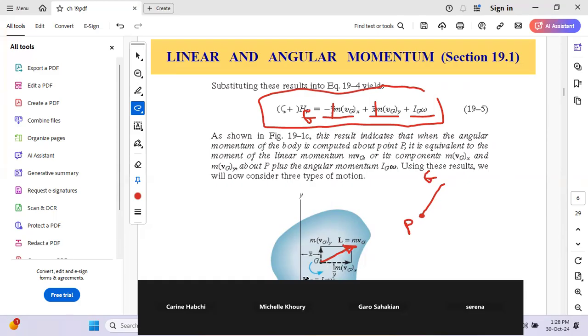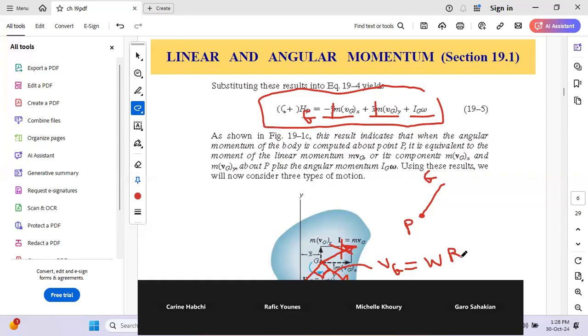If you want to consider that P is fixed, the velocity will not be like this. It should be perpendicular to PG. So your velocity vector will be perpendicular to PG. And what will be the magnitude of your velocity vector? The velocity of point G will be equal to omega times distance, omega times r, okay?